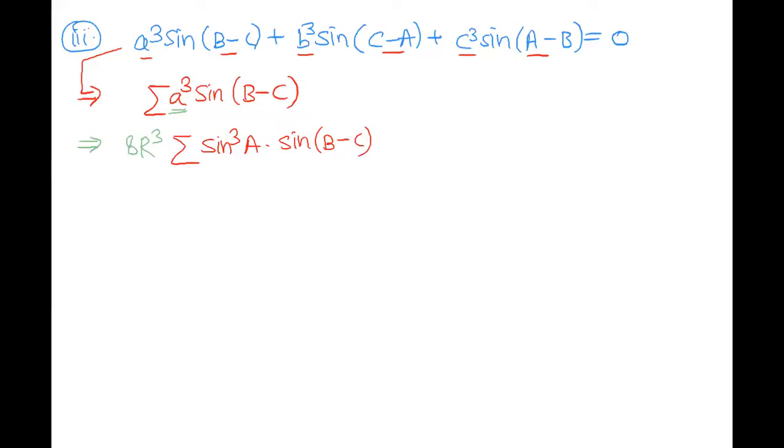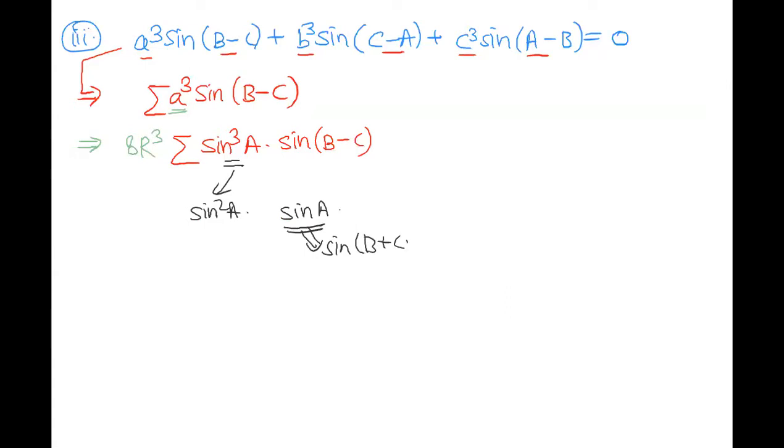So further, this sine cube A, what can I write? I can also write this sine cube A as sine square A multiplied with sine A. Then since we are talking about a triangle, this sine A we can write as sine of b plus c.